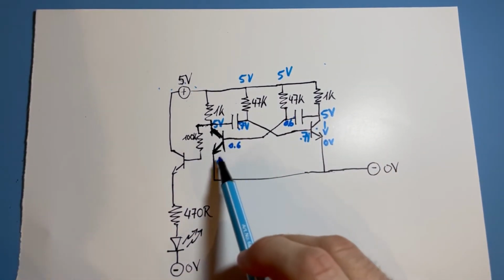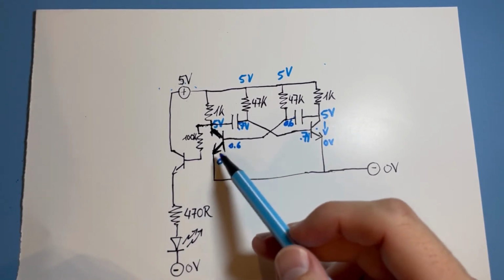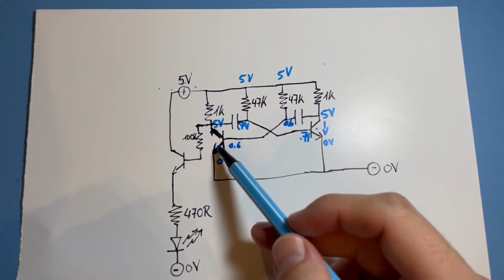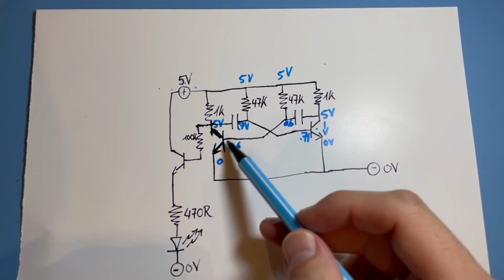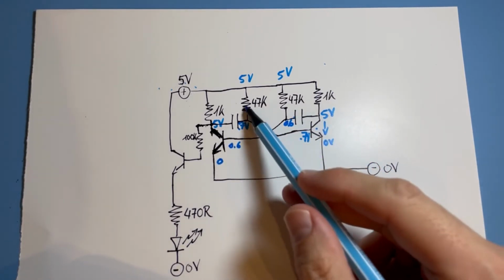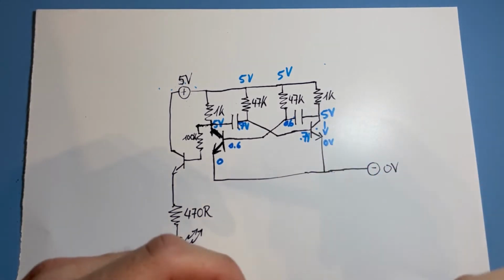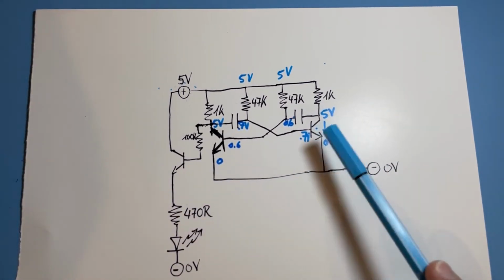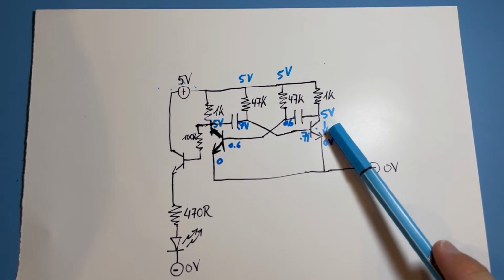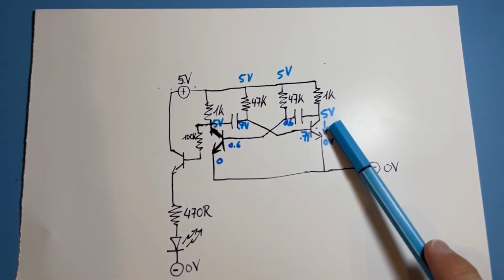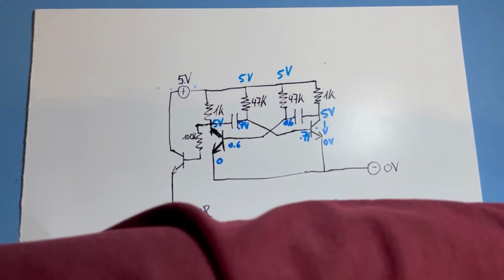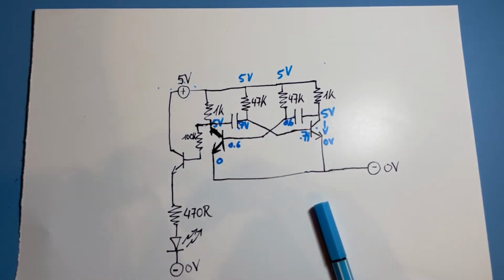So 0.6 to 0 has not quite reached 0.7, and that would be when this transistor would start conducting, but it didn't start conducting. This one I did first, so this transistor is conducting. And if this transistor starts conducting, now one very interesting thing happens, and let's put that in green.